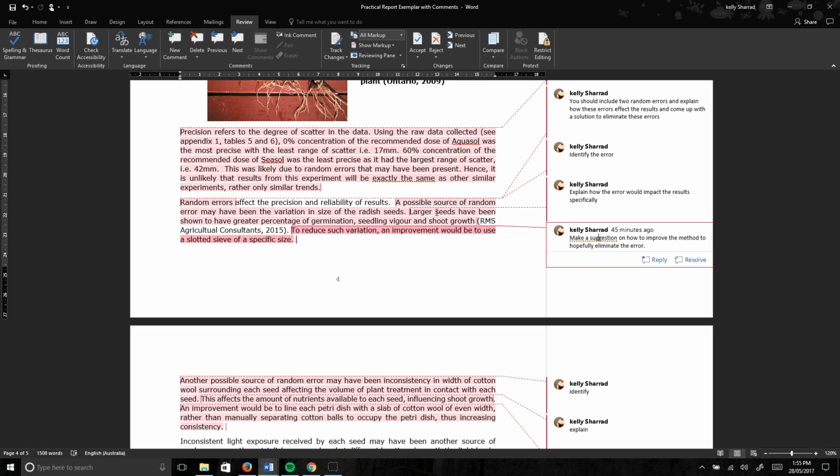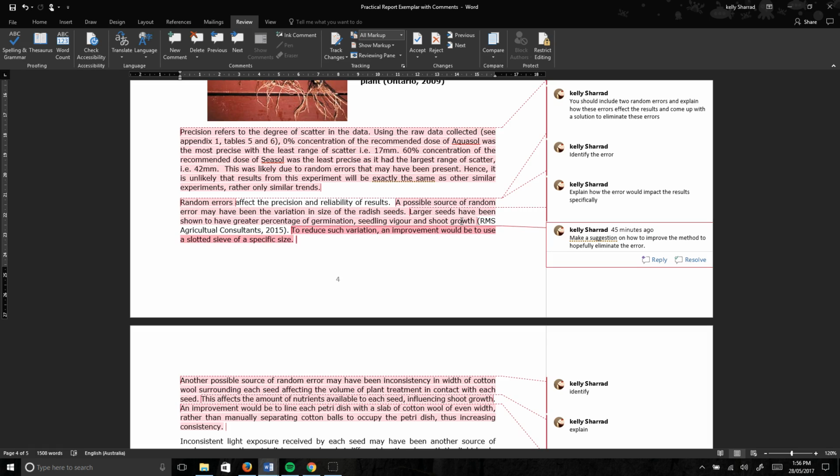Apparently, larger seeds have been shown to have a greater percentage of germination, seedling vigor, and shoot growth, which means that the larger the seed, the more shoot growth you would expect to see, regardless of the concentration of fertilizer. So that's how it impacts on the results, because seeds should have remained constant since we want to know how fertilizer is impacting the results.